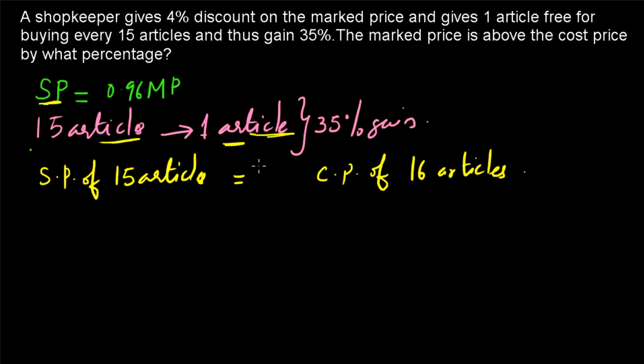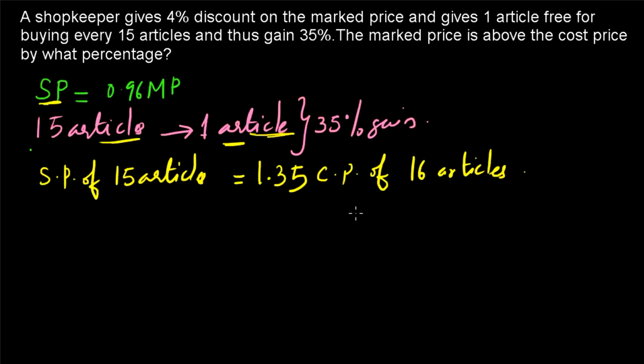So what is the relation? How much is the gain? 35% is the gain, so we can write it as 1.35. Selling price of 15 articles is equal to 1.35 into cost price of 16 articles, because he is giving 16 articles when a person buys 15. One article he is giving for free. The selling price of only 15 articles should be taken into consideration because he is giving one article for free.